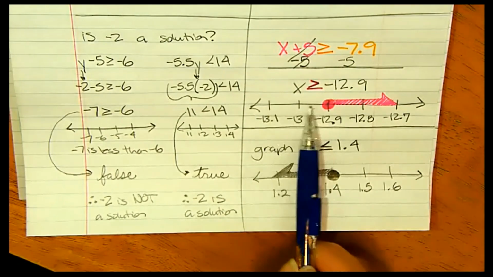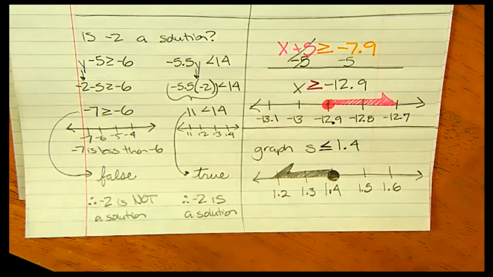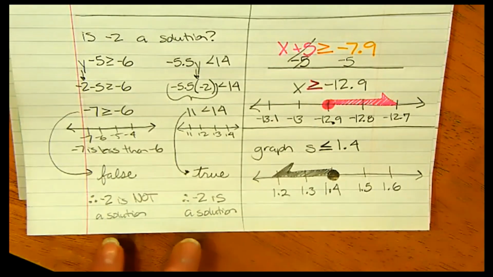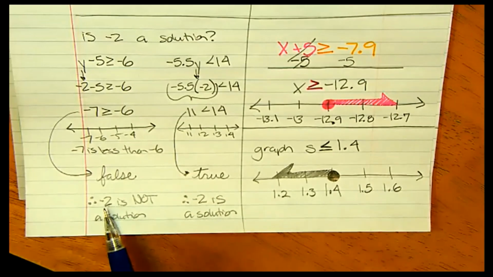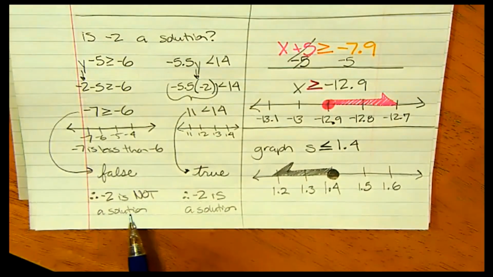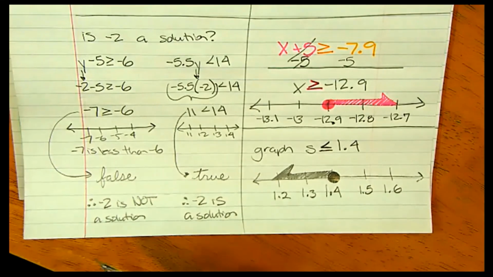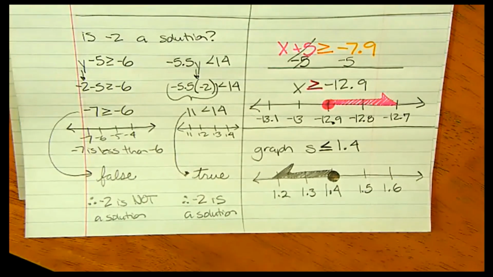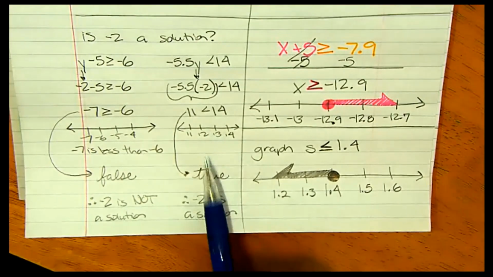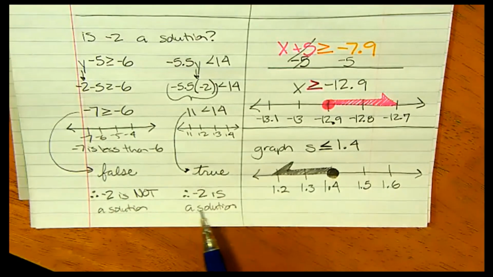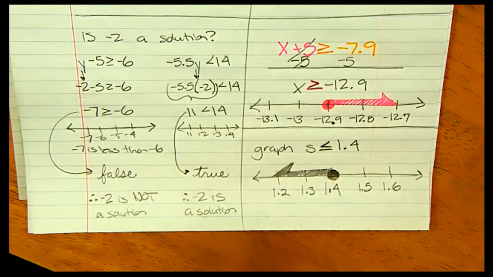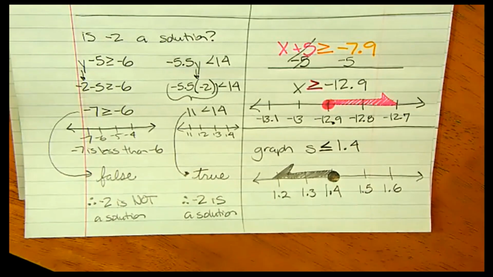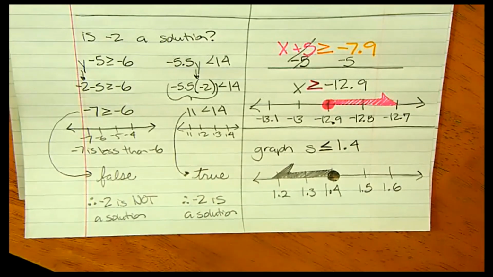Everything that is not highlighted is not a solution. And that's what's happening here. Negative 2 is not a solution. Therefore, it would not fall in the highlighted part of the graph. Here, negative 2 is a solution. Therefore, it would fall in the highlighted part of the graph. Okay.